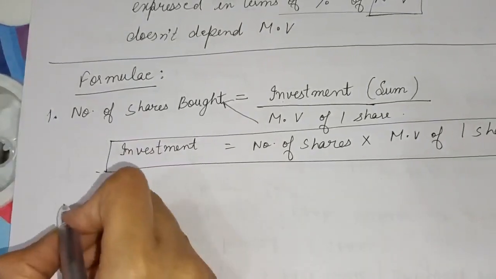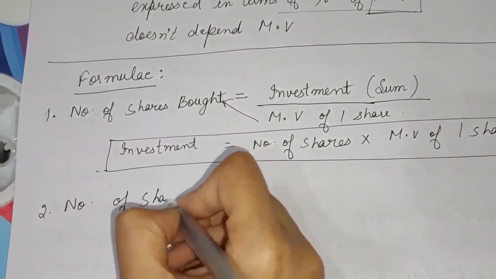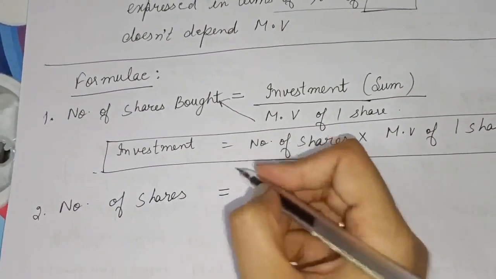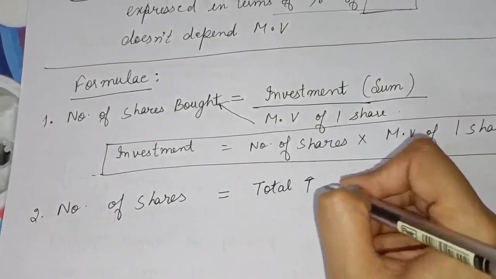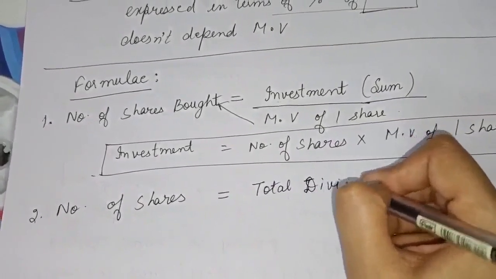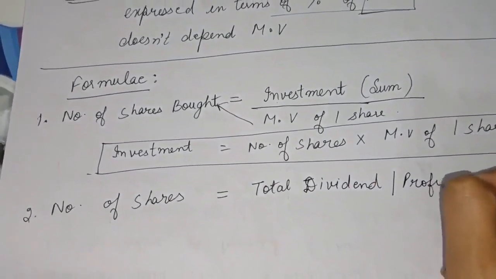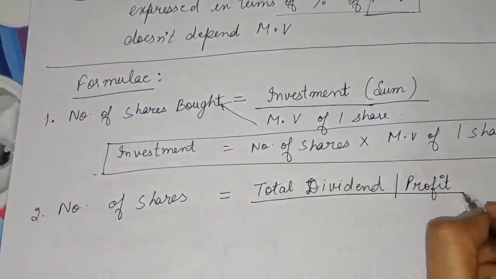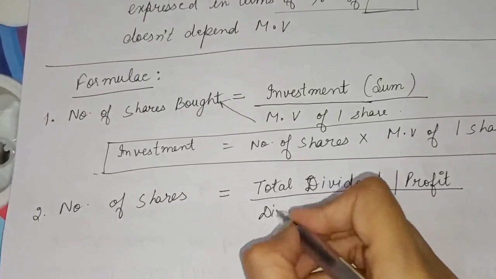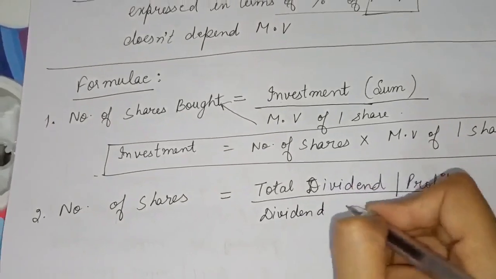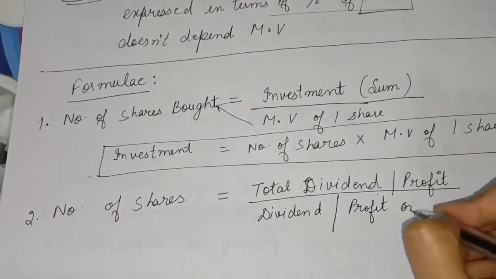For number of shares we have another formula also. Total dividend means profit, so you can write profit also. So total profit or total dividend by dividend or profit on one share.